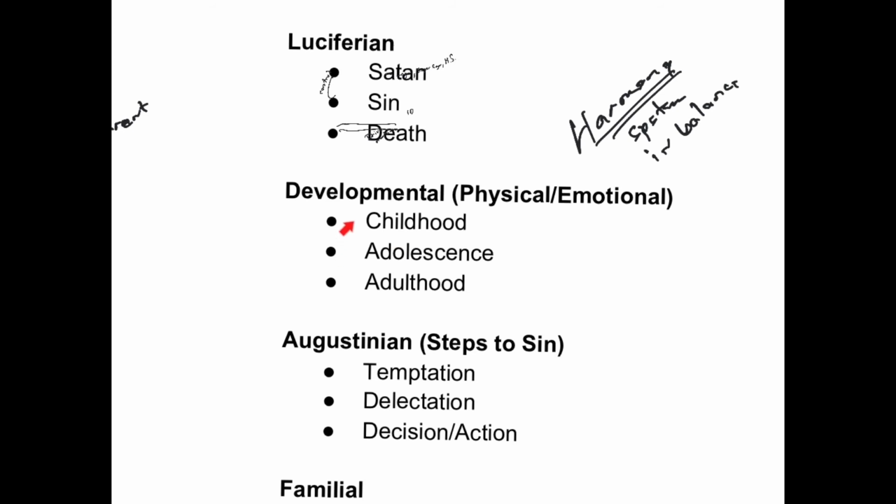So you could take a character like Victor, you could take a character like the creature, and try to explain where they seem to be at different points in the story. Do they ever grow to adulthood, or are they sticking in adolescence or childhood?